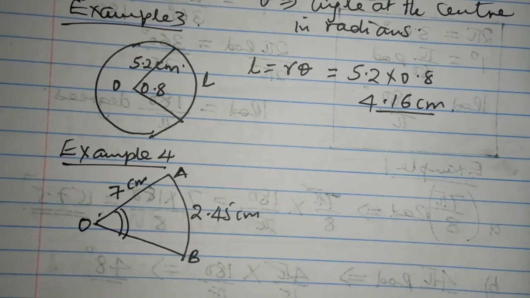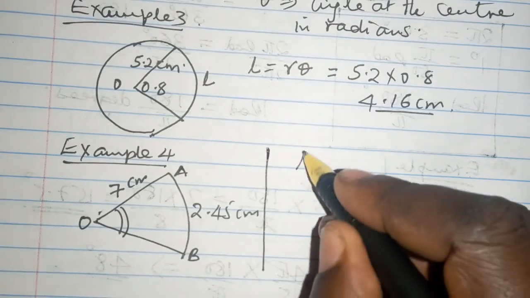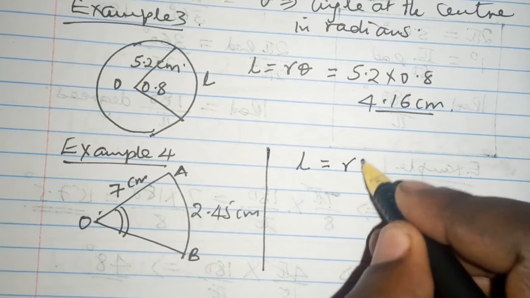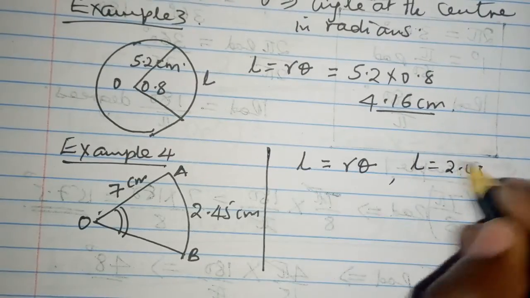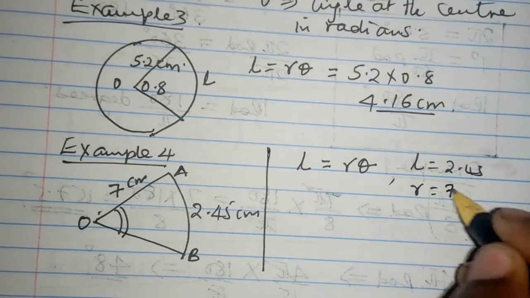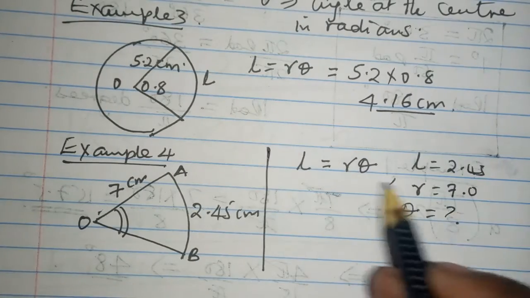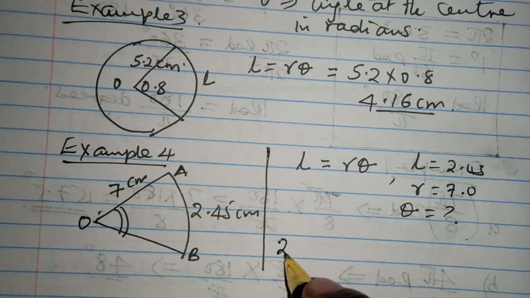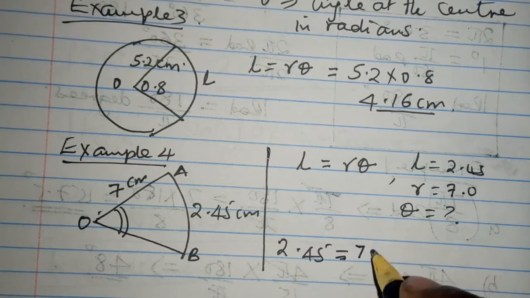This is one of the simplest things to do, especially if you know how to work with radians, because now we know that L equals r theta. What do we have? L is 2.45, the arc length. R is 7.0, the radius. Theta is what we need to find. Substituting in this formula, 2.45 equals 7 theta.